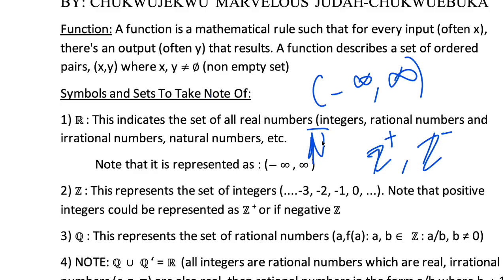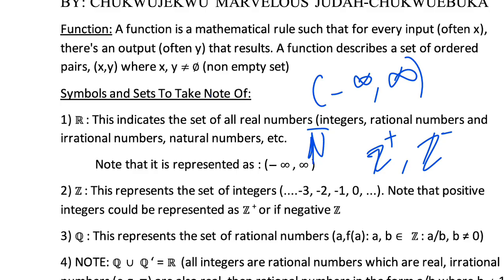For a, b, which is a member of Z, the function is defined by a over b, where b is not equal to 0. The number is defined by a over b, where b is not equal to 0, because at b equal to 0, it is not defined, it is not a number, right? So this is kind of like a building block for us to determine the range, the domain of rational functions.